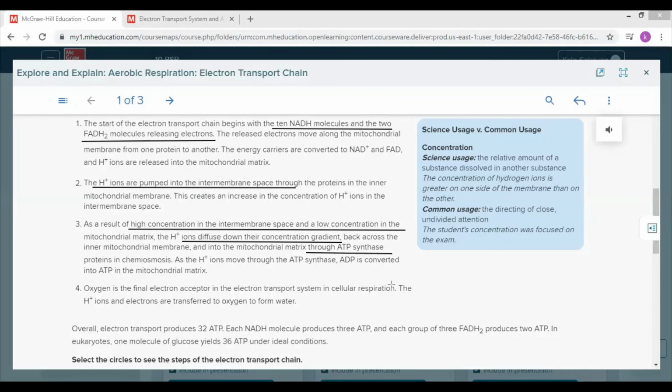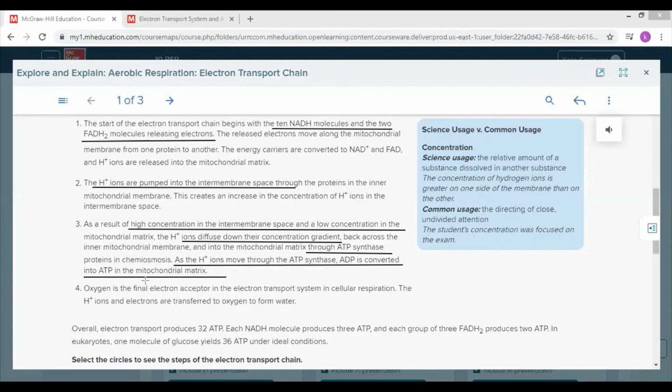From its name, ATP synthase is responsible for synthesis of ATP. As H+ moves through the ATP synthase, ADP is converted to ATP in the mitochondrial matrix.